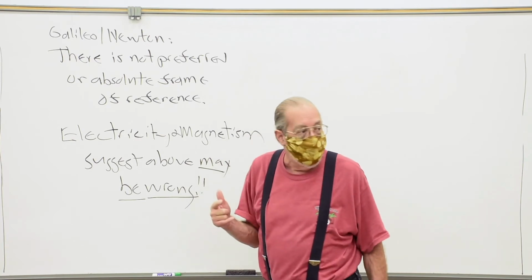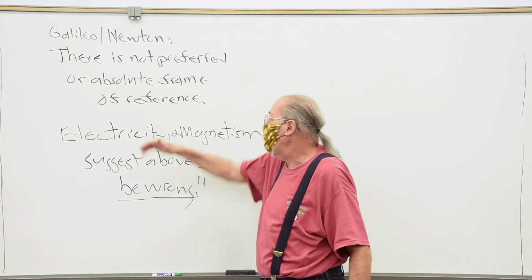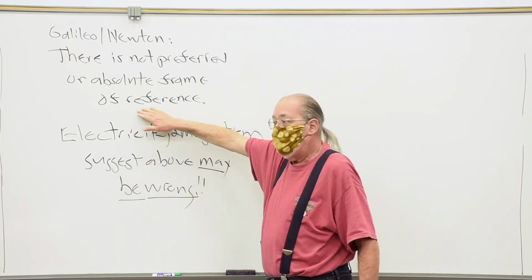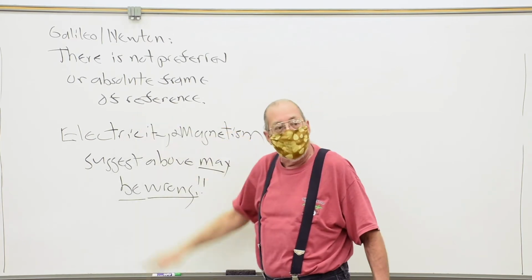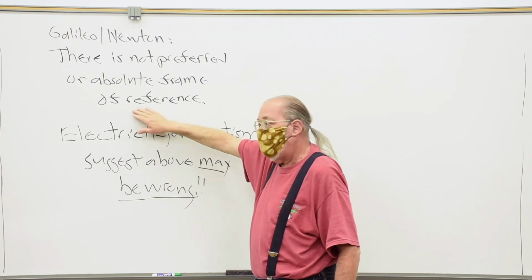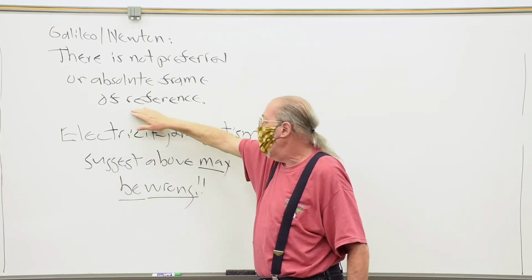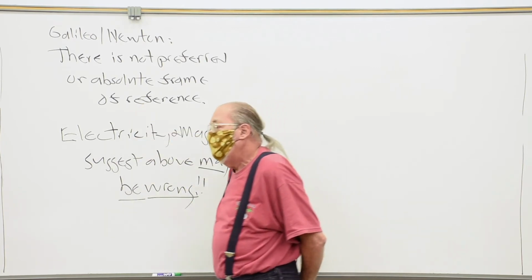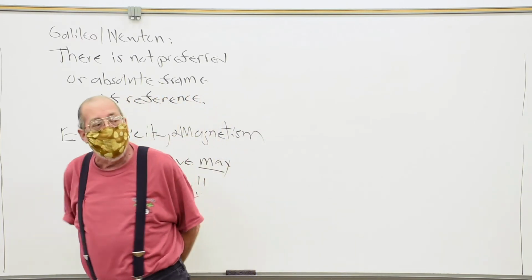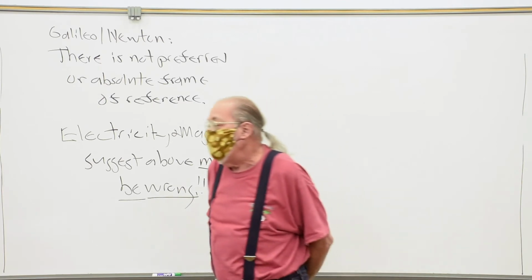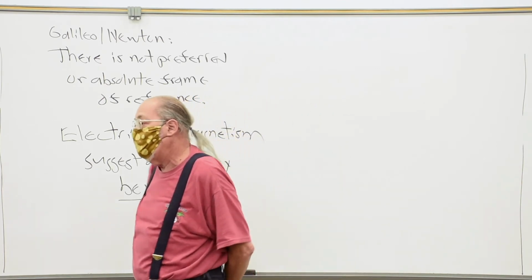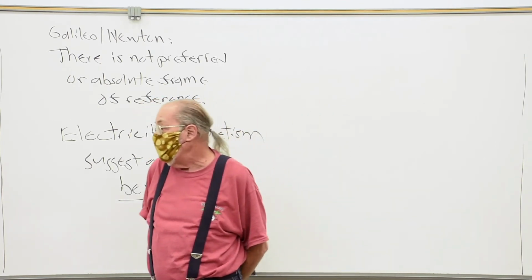In the end, we're going to come full circle and find out that this is true. And then the question comes in, if this is absolutely true, then we are going to see that we have to revise how we understand mass, and how we understand time in particular, and how we understand distance.